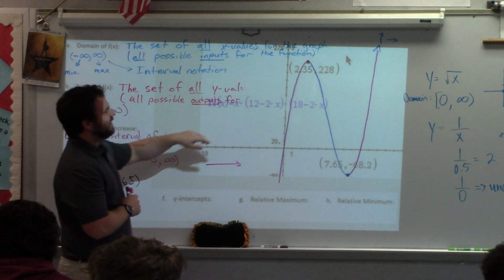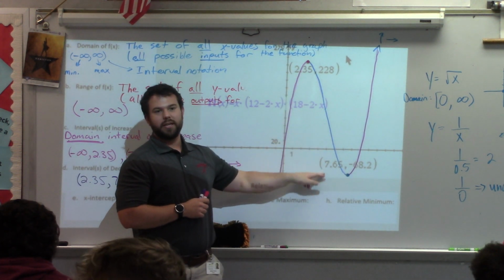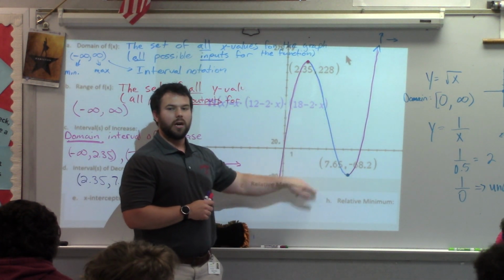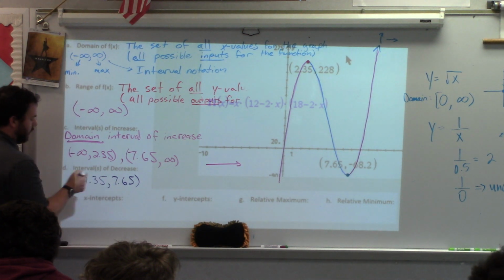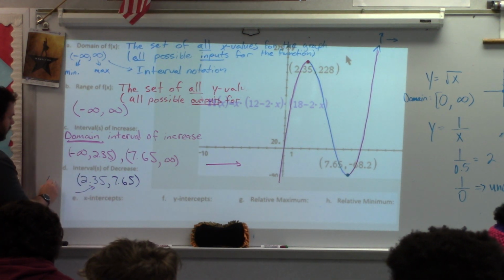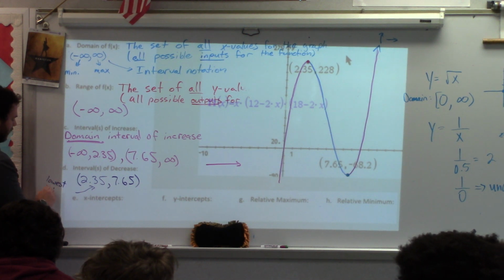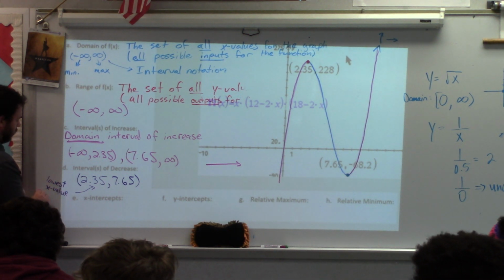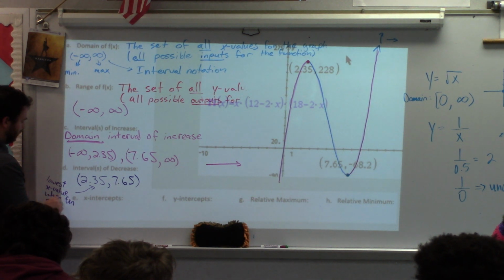So, first off, this color coding here can help with it, right? So why do we know this? Well, that is the lowest x value when the function starts decreasing.